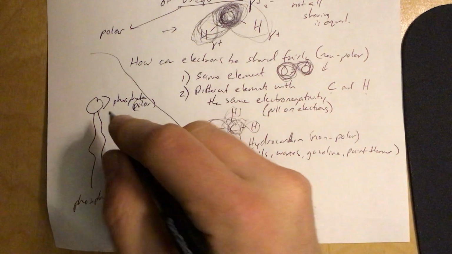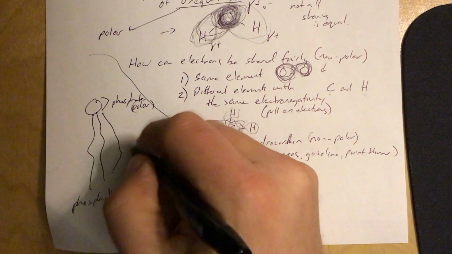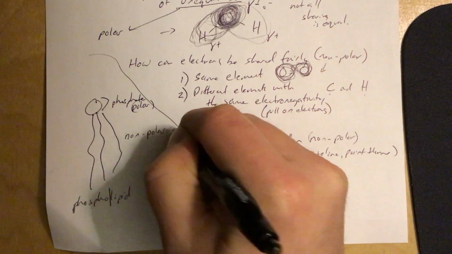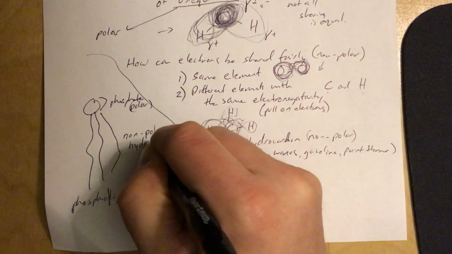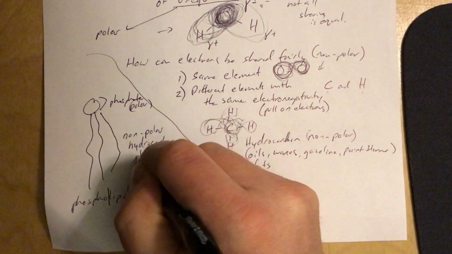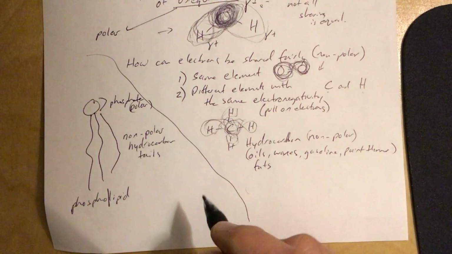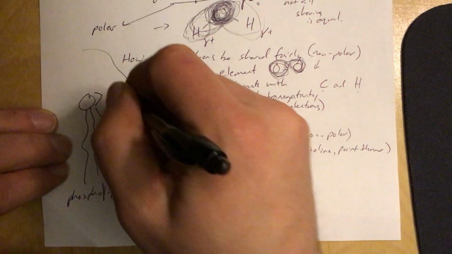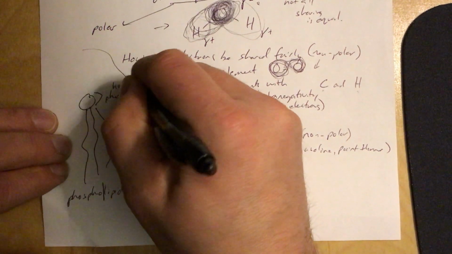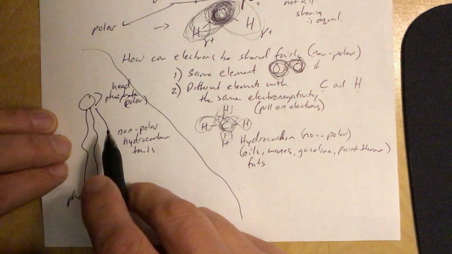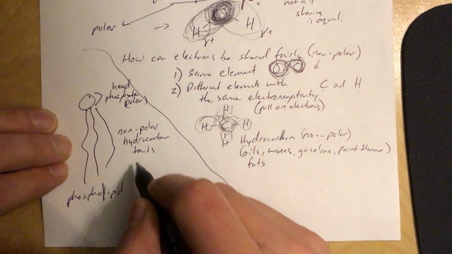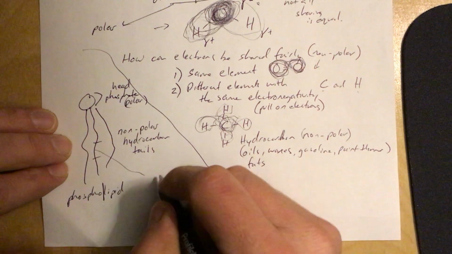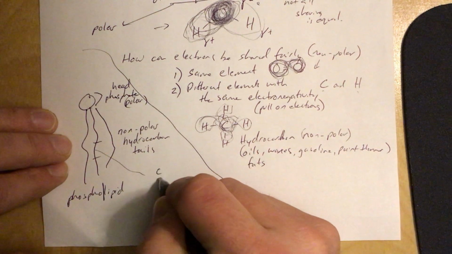Okay, so the phosphate is polar, and then down here are non-polar hydrocarbon tails. Okay, so the heads of these things, phosphate, the head is polar, and the tails are non-polar. If you took a look at one of these and we were to zoom in on it, here's what you would see.